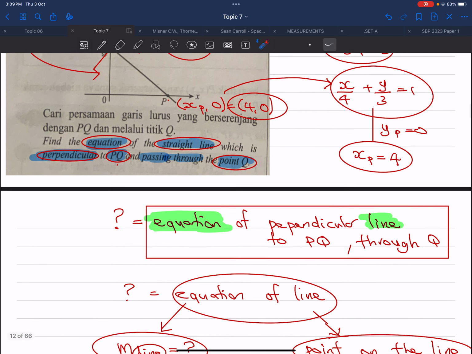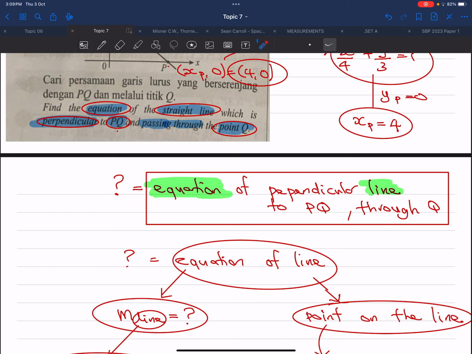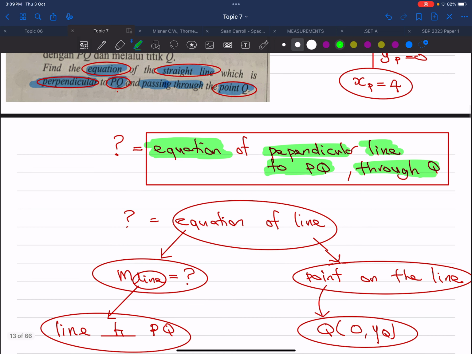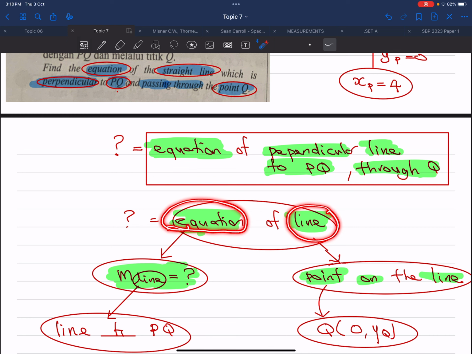Let us start. The question is: find the equation of the line perpendicular to the line PQ through the point Q. From the notes, to find the equation of a line, you need the gradient of the line and a point on the line.